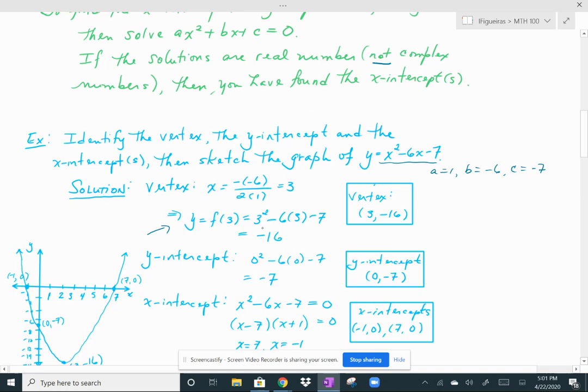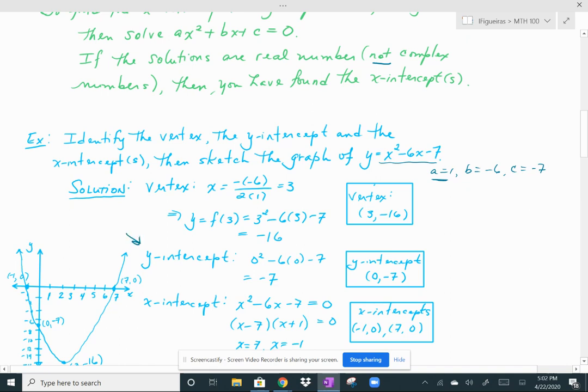So when you compute that, 3 squared minus 6 times 3 minus 7, we get 9 minus 18. That's negative 9 minus 7. I get a vertex of 3, negative 16. I know that's going to be my minimum point, the lowest point on the graph, because my leading coefficient is positive. So it has to be an upward facing U shape.